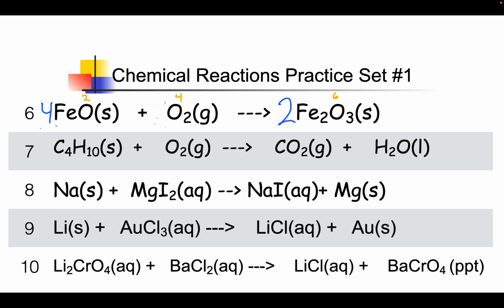Now, that 4 becomes a 2. So I have 4 plus 2, 6 O's on the left. Sorry. I guess I just write it out and make that a 4. I got 4 O's and 2 O's here. And I got 6, 4 plus 2, 6, and I got 6 on the right. And 4 Fe's and 4 Fe's.